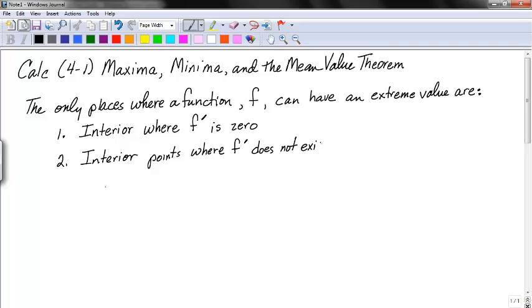Examples where the derivative did not exist, remember: sharp corners, that's one point where the derivative does not exist. Where there was a vertical tangent line, the derivative did not exist. Or where the points of infinity, where the derivative did not exist. Okay, and the third one, endpoints.